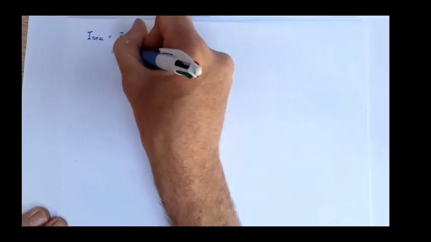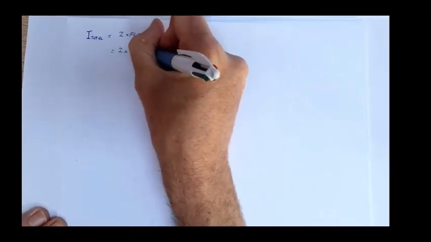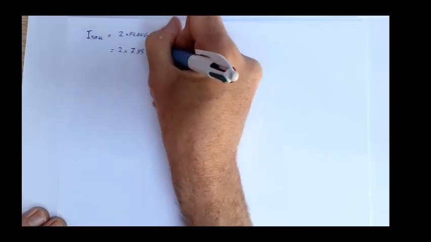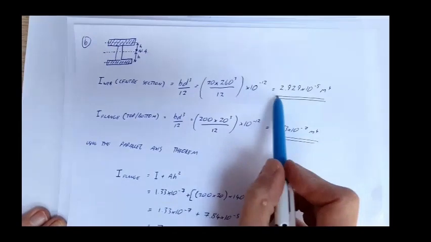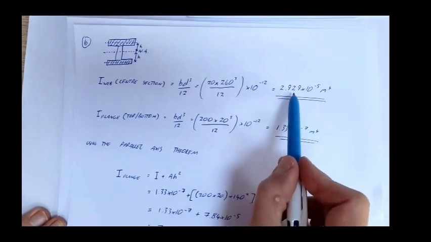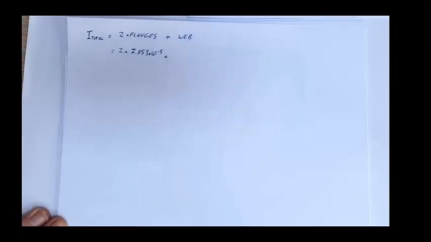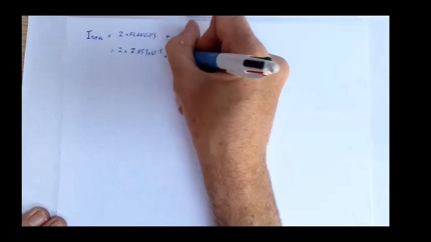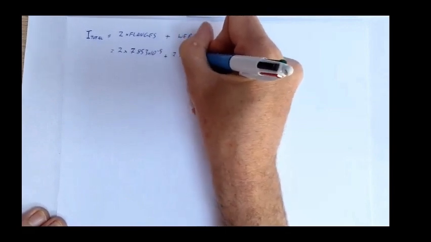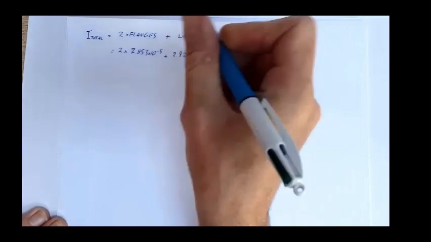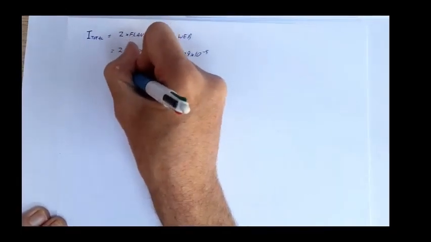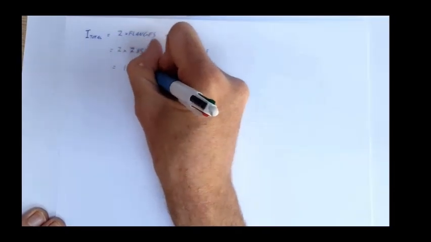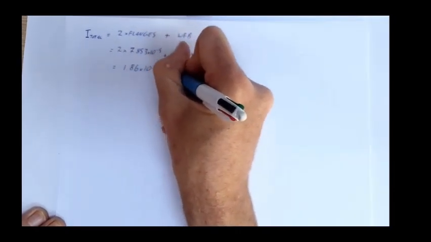So that's 2 times 7.853 times 10 to the minus 5, plus my web. My web we calculated here, 2.929 times 10 to the minus 5. We add all of that, we're going to end up with 1.86 times 10 to the minus 4 meters to the 4.